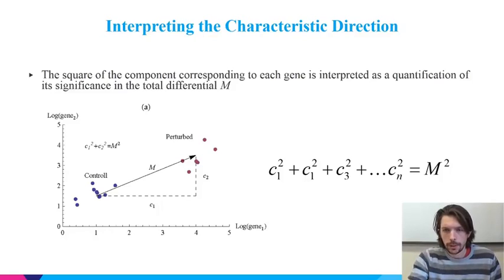Then you can interpret the contribution to m from any given component as the square of that component. So essentially what we're saying is the more aligned the characteristic direction is with an axis corresponding to a given gene, the more significant that gene is in the differential expression.